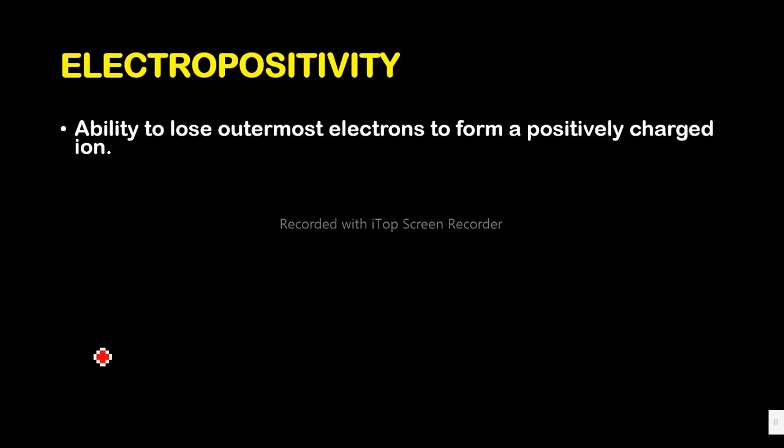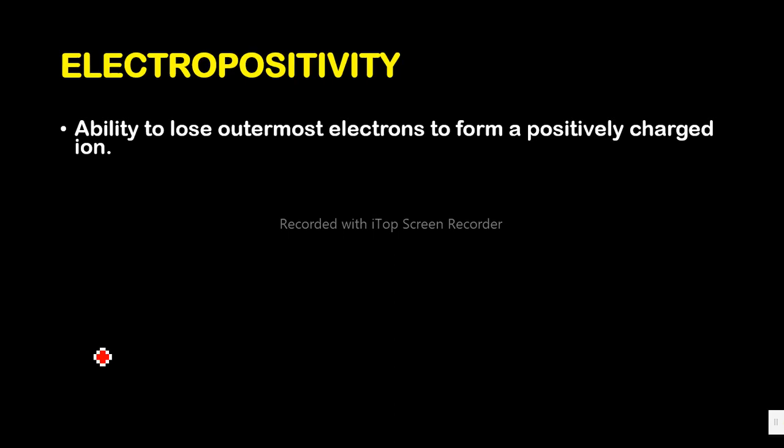How easily can you lose the electrons? And here is where your metals come in: the sodium, the potassium, the calcium, the magnesium. They can easily lose their electrons in the outermost shell.